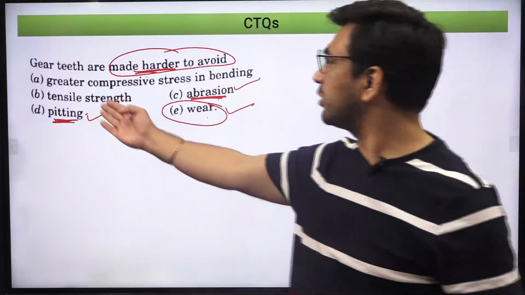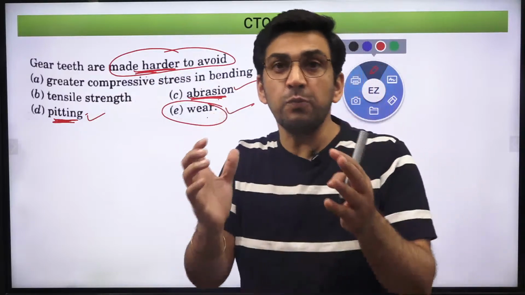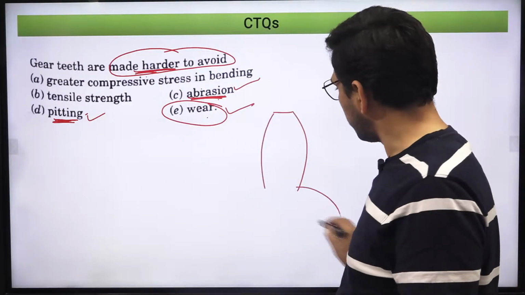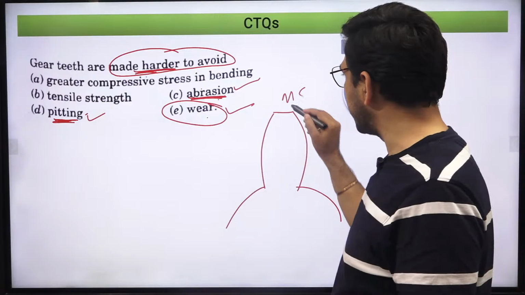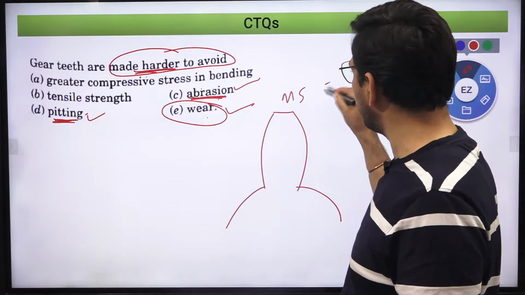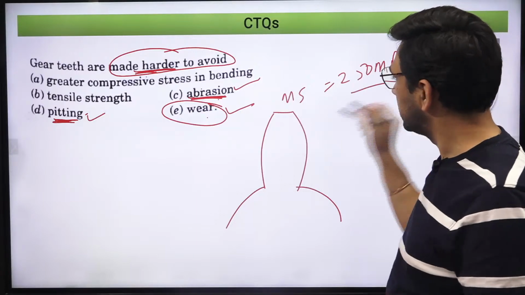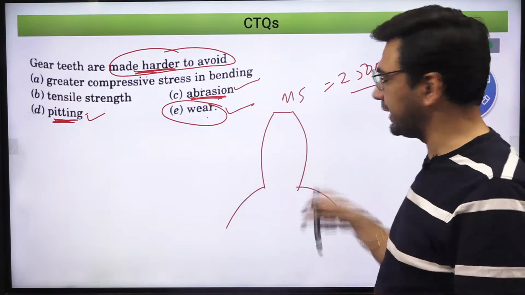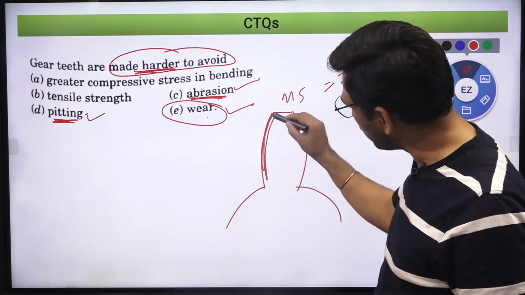It cannot be A, because tensile strength is the material property. For example, if I say this is a gear tooth and the material is mild steel, let's say its yield strength is 250 megapascal. So the whole mild steel material has this much strength. But what I will do is surface harden this portion.